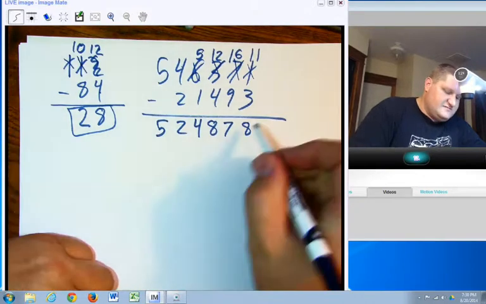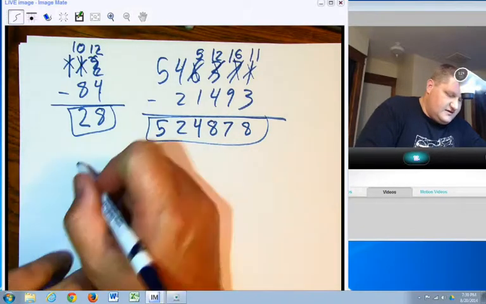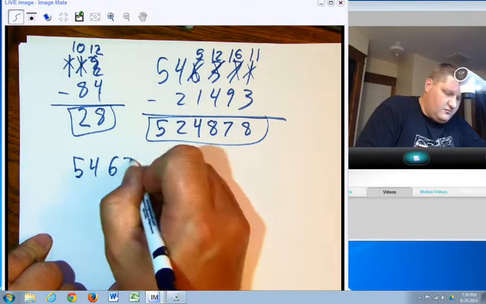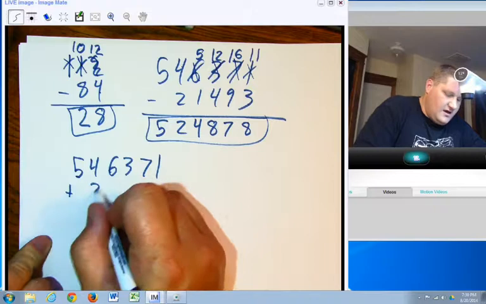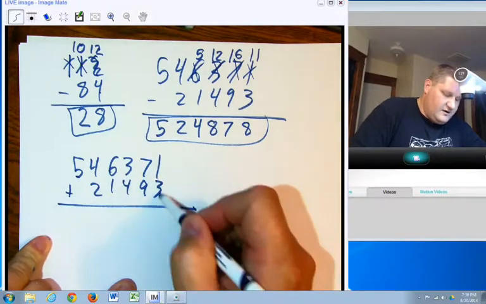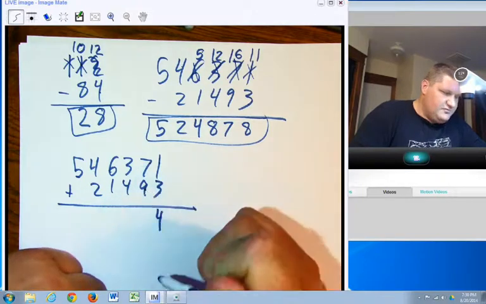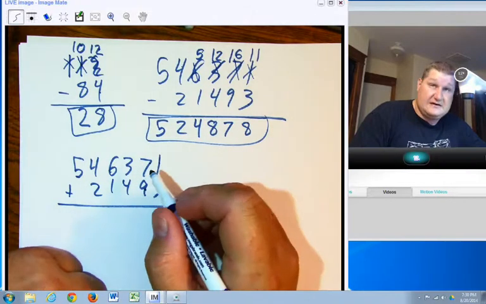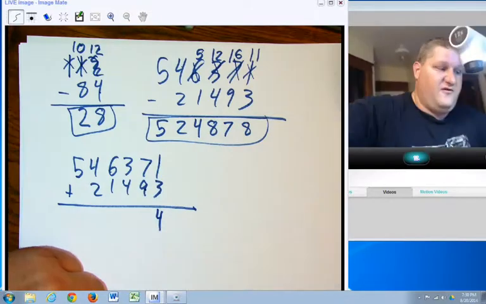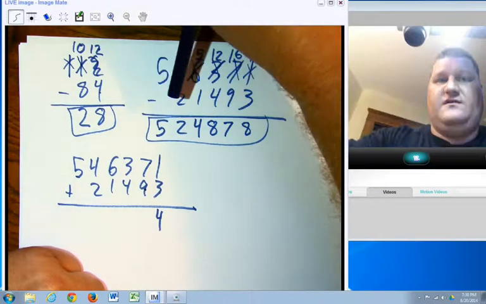So that's my answer. If I were to add, it works exactly the same thing in reverse. 546371 plus 21493. 3 plus 1 is 4. 7 plus 9 is going to be 16. And really, folks, it's a matter of practice. That's really what this boils down to.